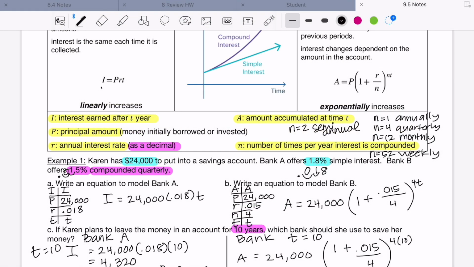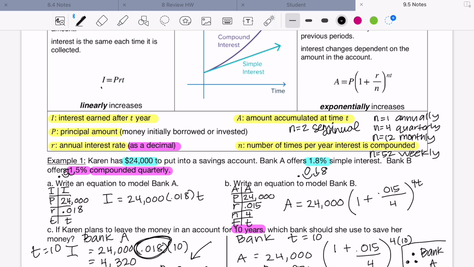So her account balance is $27,876.20. So if she's only leaving it in there for 10 years, then it makes more sense because this has a higher interest rate. It makes more sense for her to use Bank A. So our answer to this question is that therefore she should use Bank A because she makes more money.